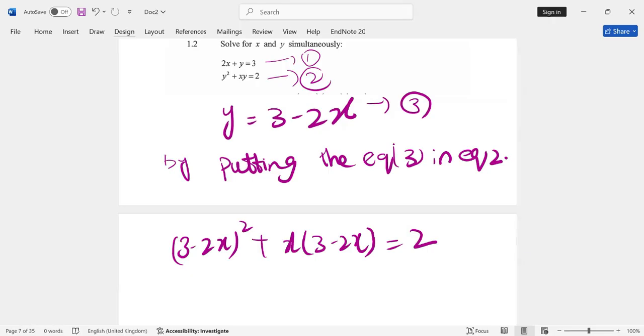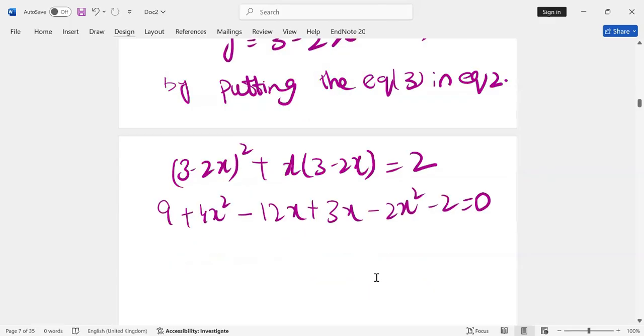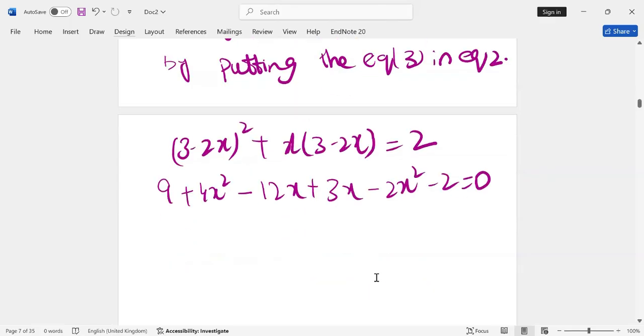I'm going to simplify this whole equation. Now we have 9 plus 4x squared here, and minus 12x plus 3x minus 2x squared minus 2 equals 0. I take the 2 over there so the whole expression equals 0.